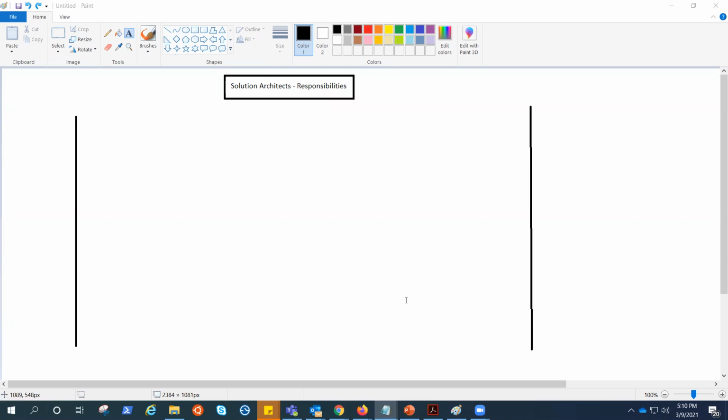So let me click here and I'll start writing down. The very first responsibility is understand the requirement. We can also call it functional requirement. These are the requirements that the end user specifically demands as basic facilities that the system should offer.